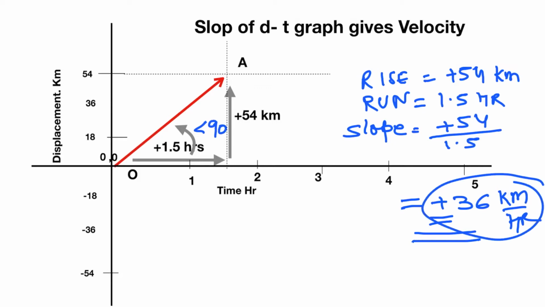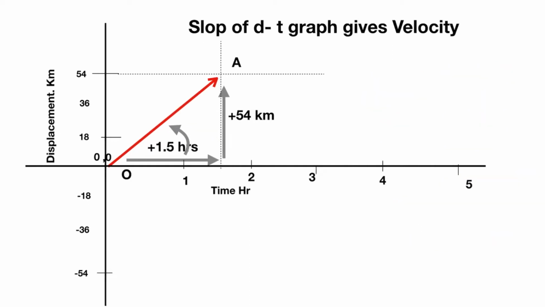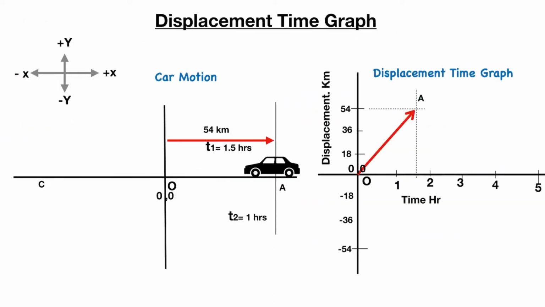So in this case, my car is moving with 36 km per hour speed, or magnitude of velocity, in the positive direction of the x-axis.